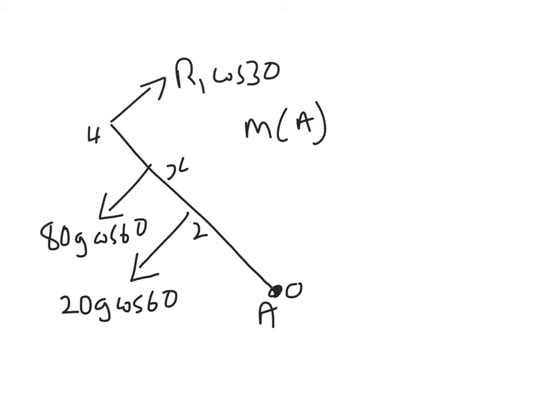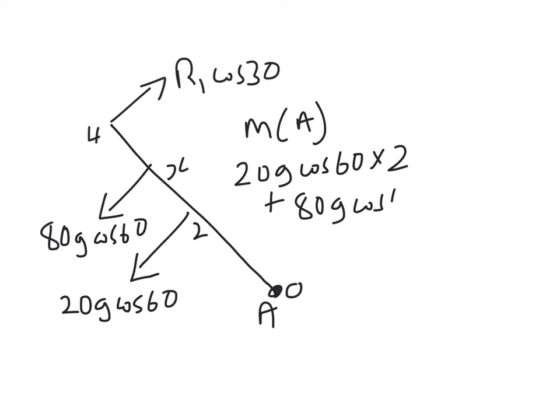So what we get is 20g cos 60 times 2 plus 80g cos 60 times x must equal R1. Now R1 is the same as the frictional force, and we've worked out the frictional force to be 392. So it's 392 cos 30 times 4.